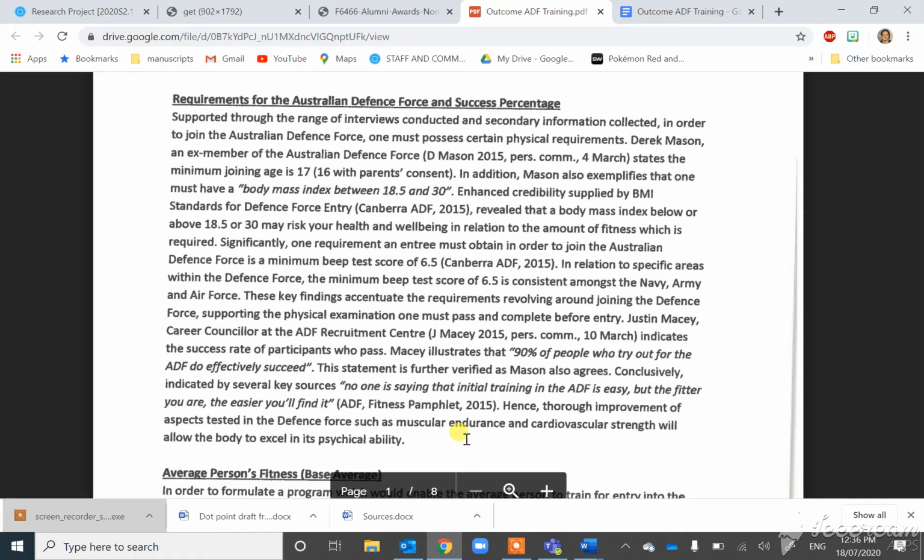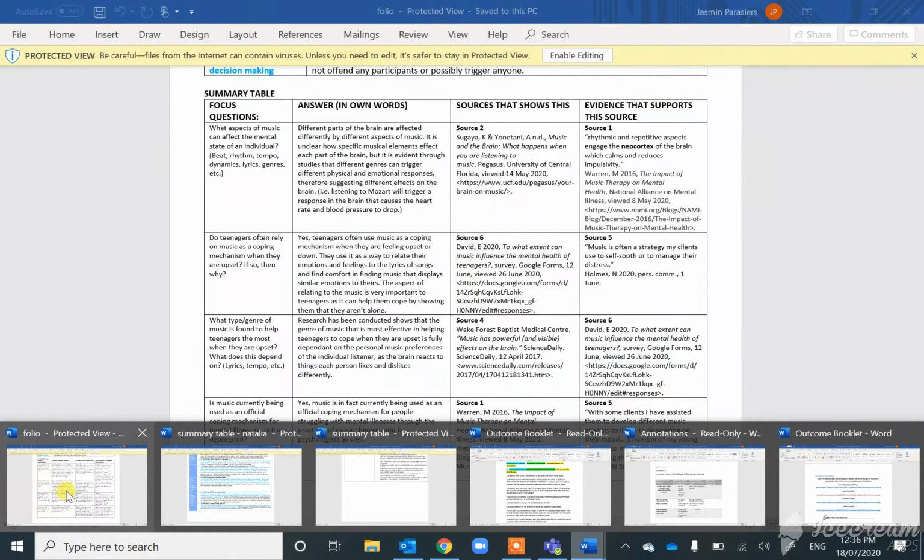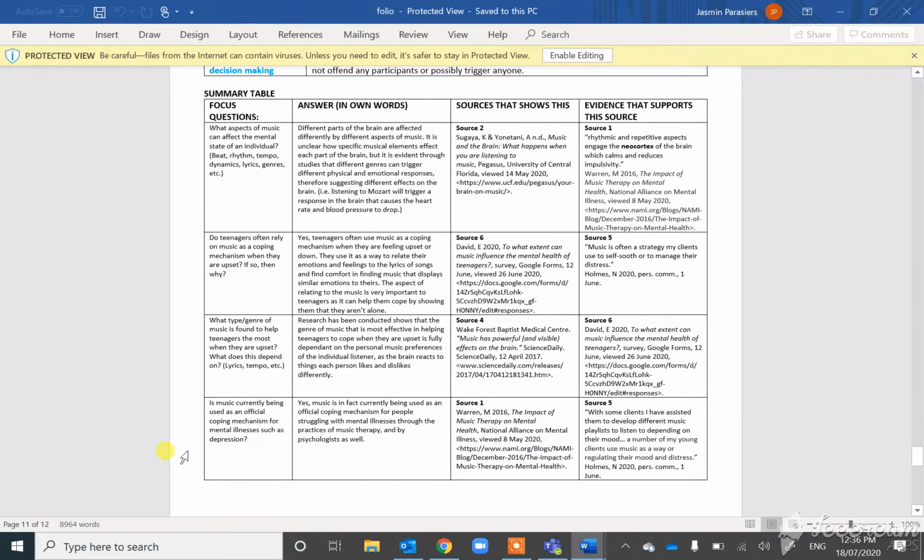So this is where your summary table became so important, because when we're writing, I'll just pick a random example from, I'm not even sure whose this is. So when we're writing, we've got our focus question, we've got what you're going to be saying, and then we've got your two sources that are going to be supporting that. At a minimum, we want those two sources working together.